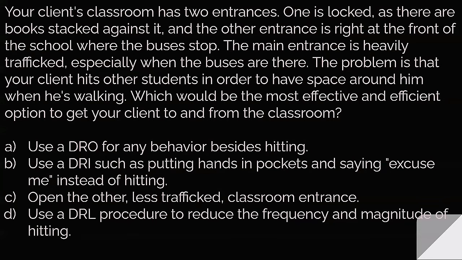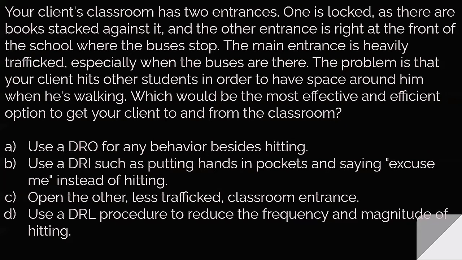I should have assumed, but A, use a DRO for any behavior besides hitting. So nobody liked this answer, but what would that do or what would that look like? Say, just don't hit for a while and you can have something, right? Or you can get out of something. So the problem with that, I think you saw this, is that it doesn't really give us another replacement behavior.